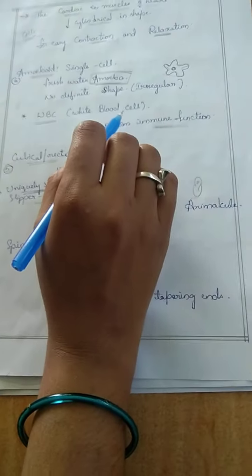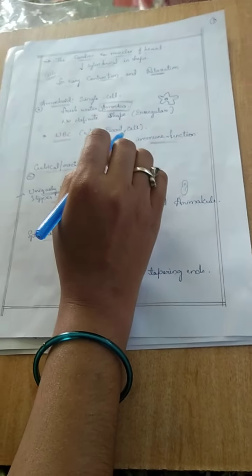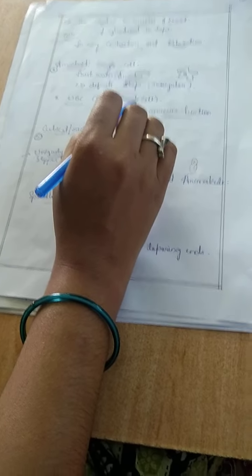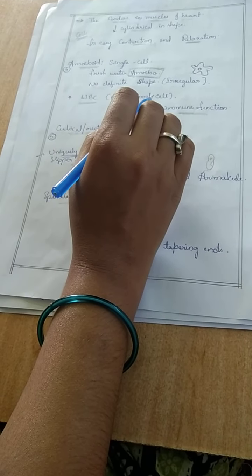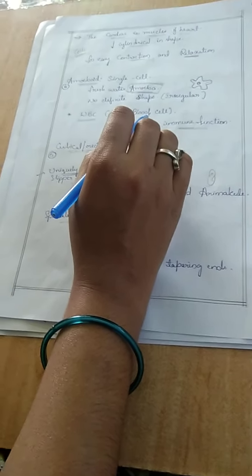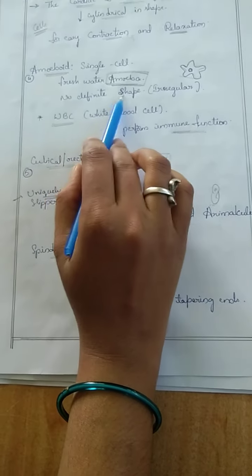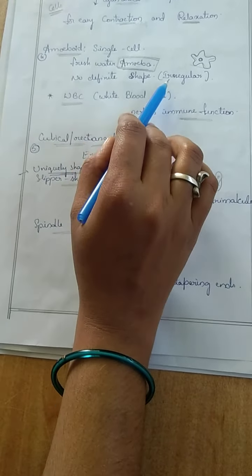Mainly it modifies its cell shape based on the process it performs. If it has to perform immune function, it changes its shape. If it goes for food collection, it changes its shape. So it doesn't have any definite shape.